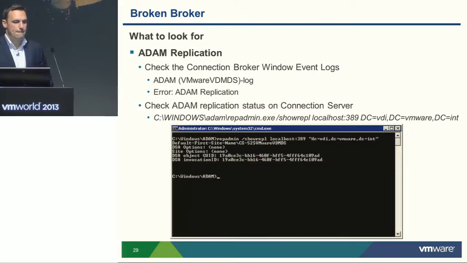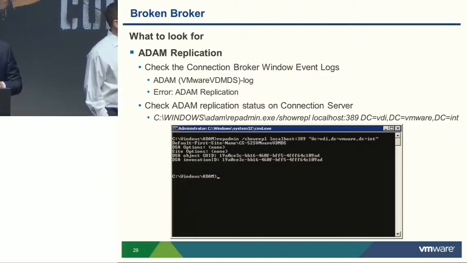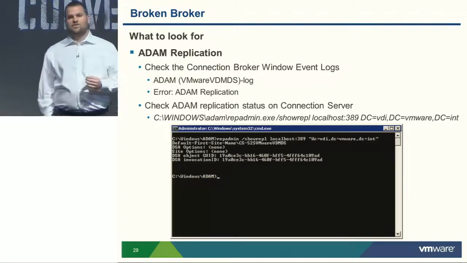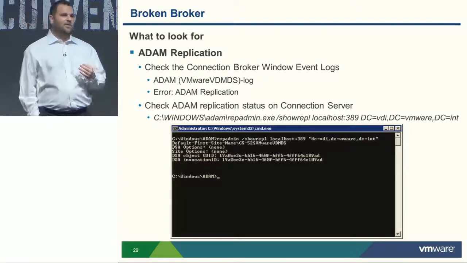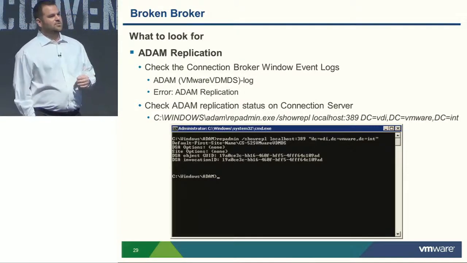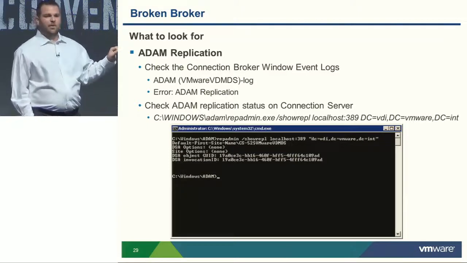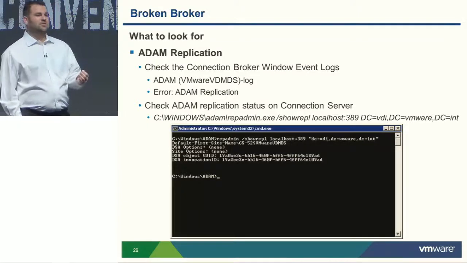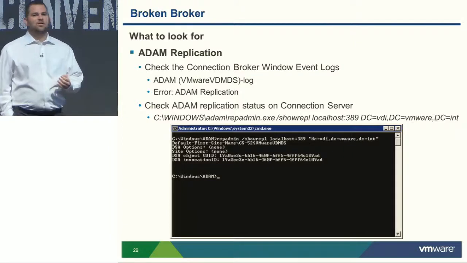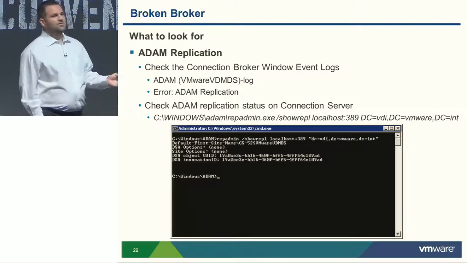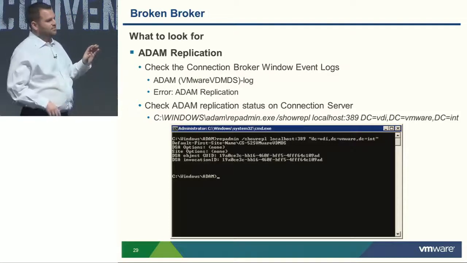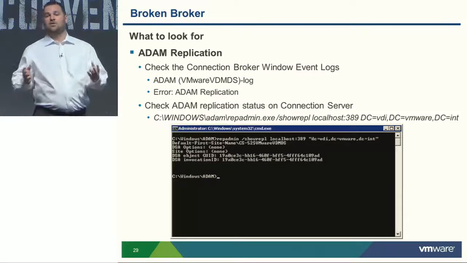So one of the easy things that I wanted to make sure you were aware of is, on a Windows 2008 server, just like with ADSI Edit, we have a lot of replication administration tools. This is one that's built in, RepAdmin. It's used to check the replication topology of an Active Directory forest or domain group, and we can use this same tool to check the replication status of a cluster of brokers.